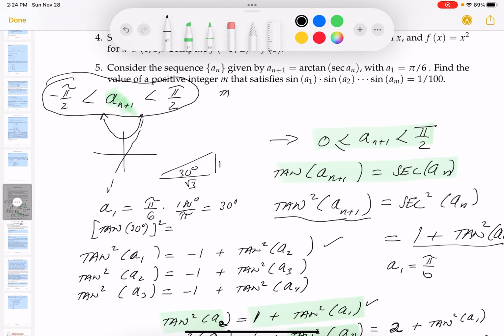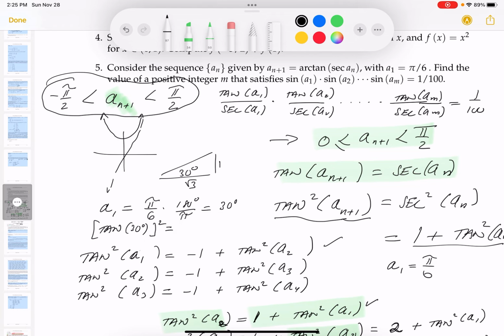I know it's tangent A1 over the secant A1 times the tangent of A2 over the secant of A2, and so on, all the way down to the tangent of AM over the secant of AM, and that's 1/100th. All right?